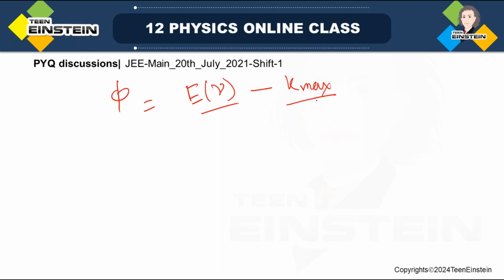Okay, so if we put these values, I'll be able to get this as 1.077.